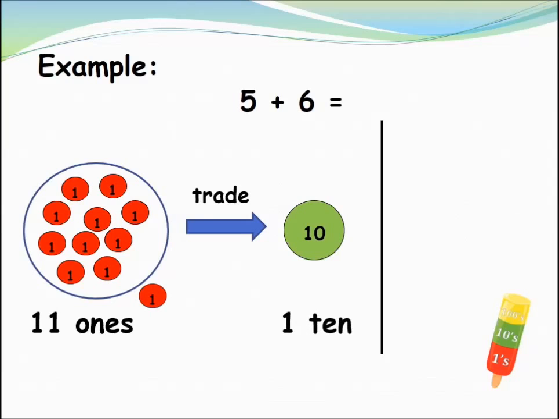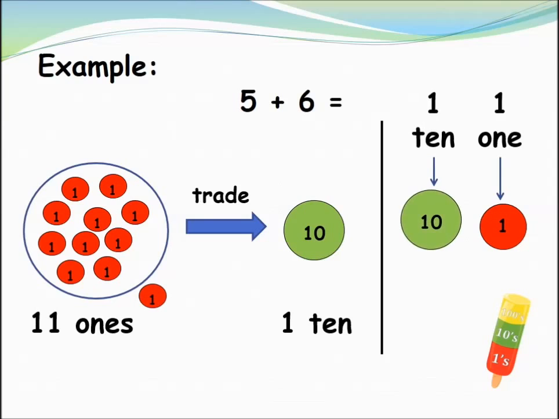So now I have one 10 and one 1. Instead of having 11 ones, I now have 1 one and 1 ten for an answer of 11, which, while it looks the same as what we had before with the 11 ones, is a more accurate representation. 11 is really 1 ten and 1 one.